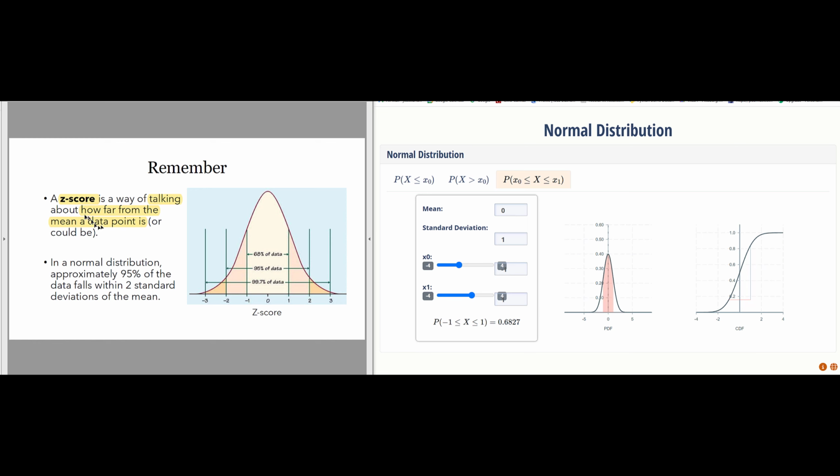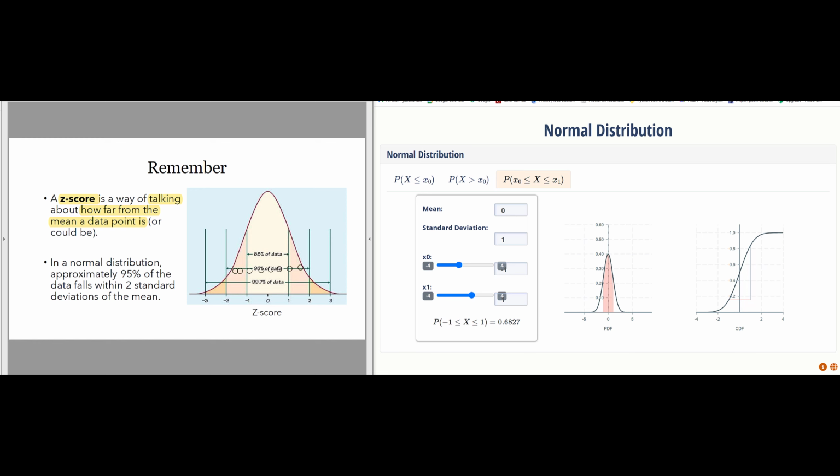Okay, so if we take the actual distribution that we have with some mean and some standard deviation and some particular value and compute z-scores, just to normalize things, we discover that approximately 68% of the data is within 1 standard deviation of the mean.